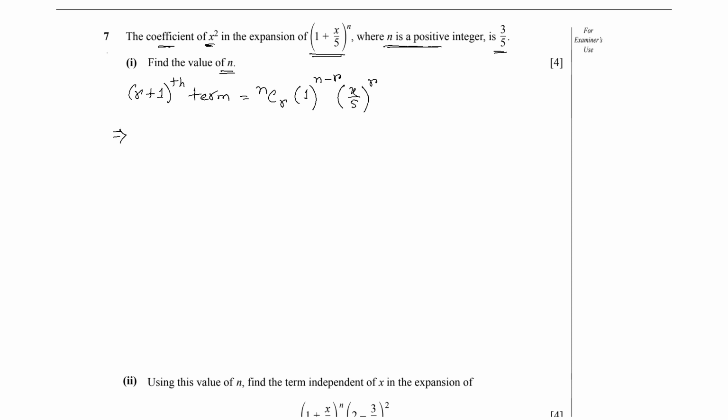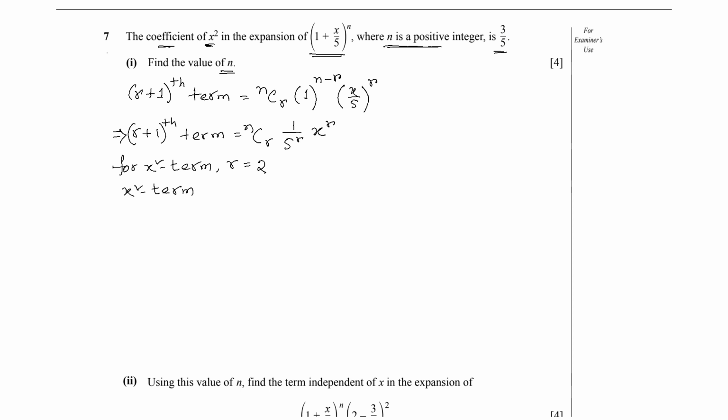Let me simplify this a bit, as 1 to the power anything is always 1, so we can eliminate this 1 and we can write the r plus 1th term as nCr times 1 over 5 to the power r times x to the power r. Now if you look carefully, the x has power r, so for our x squared term, the value of r must be equal to 2. So let me use this r equals 2 value in our r plus 1th term.